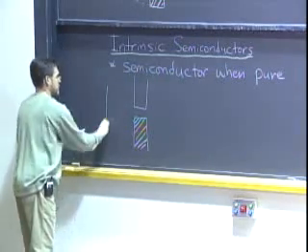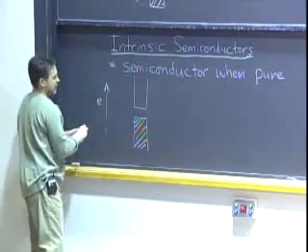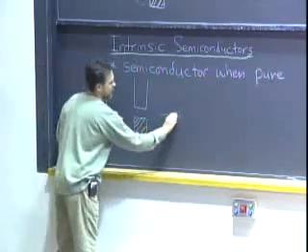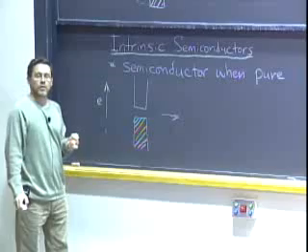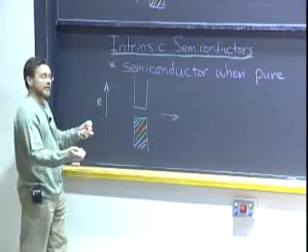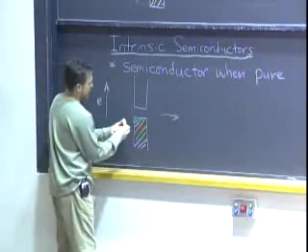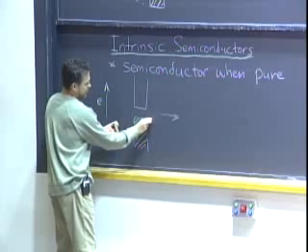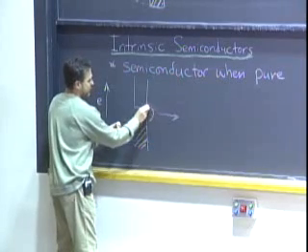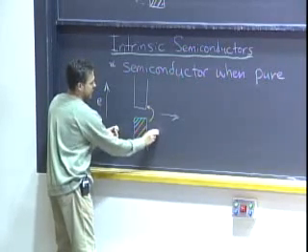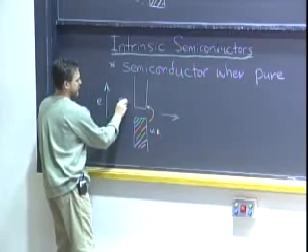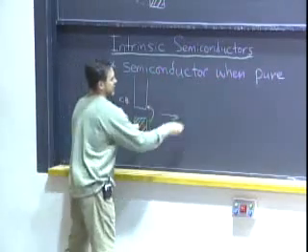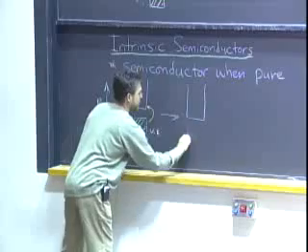Here's our energy axis, and what can happen is that either thermally or upon absorption of light energy, we can have promotion of an electron from the valence band into the conduction band. So I'll draw that new situation over here.